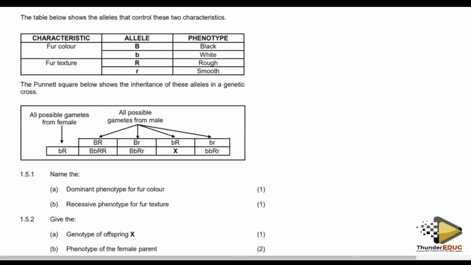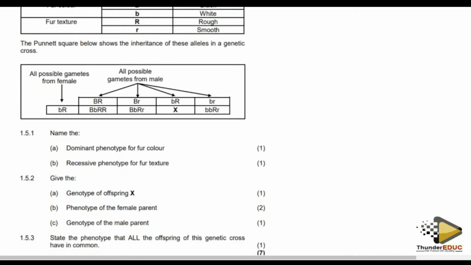Where you see a capital letter, it means the dominant allele. So this is B, so the answer here is going to be black. And then the recessive phenotype for fur texture is going to be smooth.